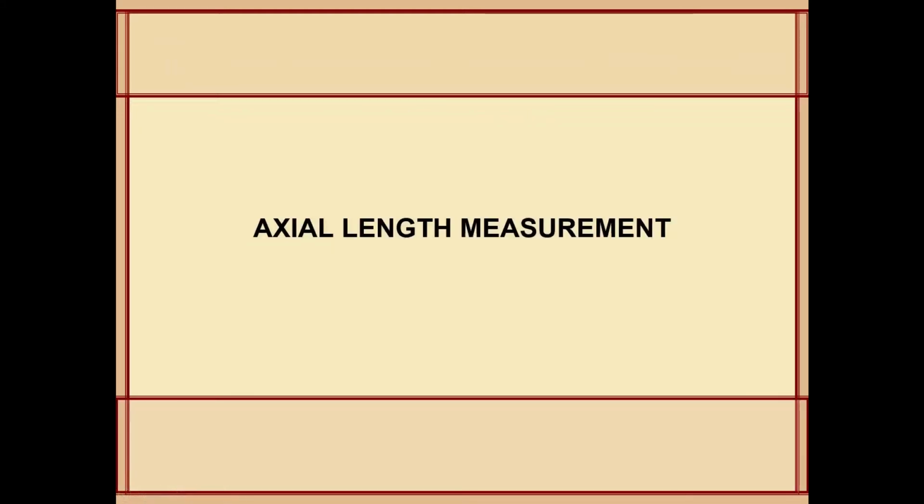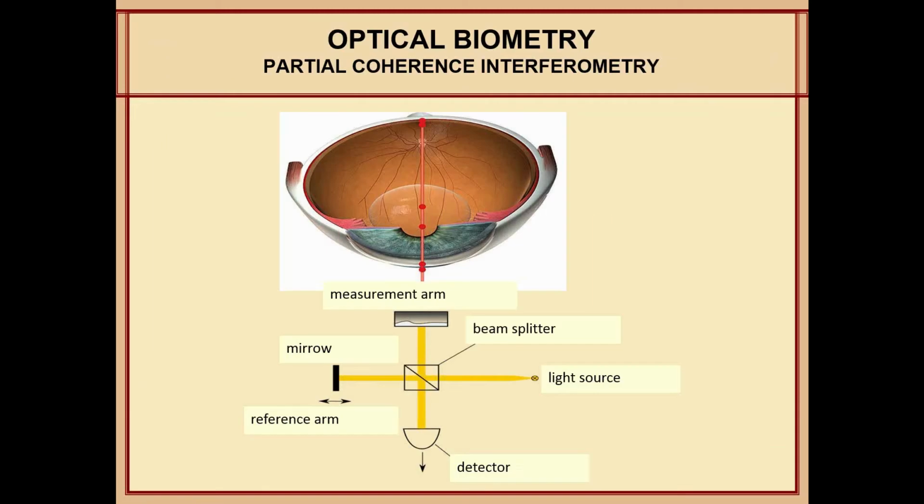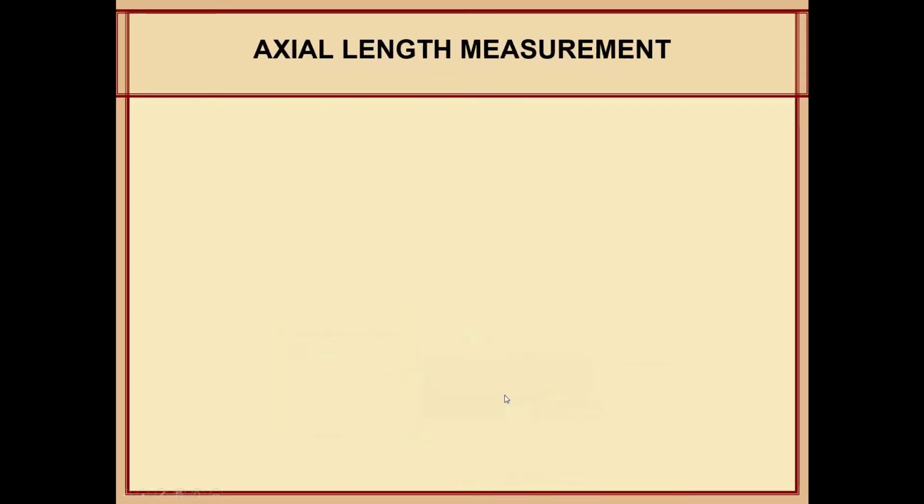Now, I know that the AXL is not available now, but let me tell you a few words about the axial length measurement on the Pentacam AXL. The optical biometry is based on partial coherence interferometry, just like the IOLMaster 500. And the beam comes in, it's split, and it gives you the measurement of the length of the eye.